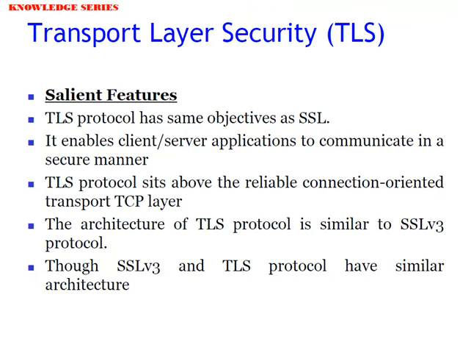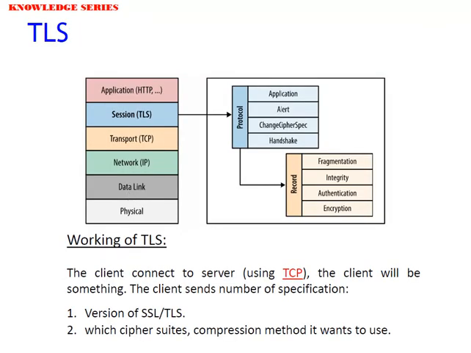So that is how it supports it. Next, though SSL v3 and TLS protocols are similar, there are several changes made to the architecture and functioning of the handshaking protocols. So that is what we saw about the salient features of these protocols.